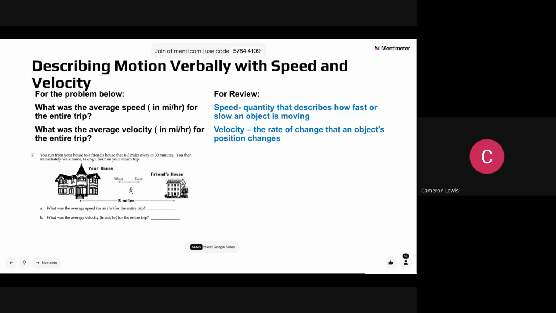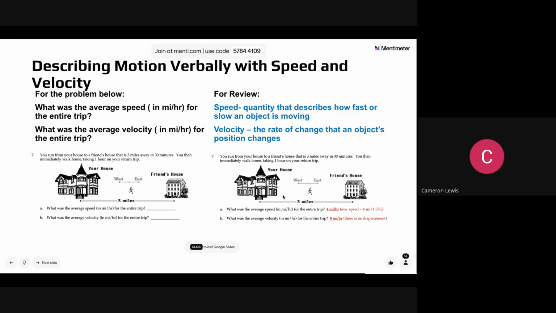Velocity is the rate at which the object's position changes. Velocity is displacement over time. You displaced 0, so 0. I think on that note, I'll show the answers.